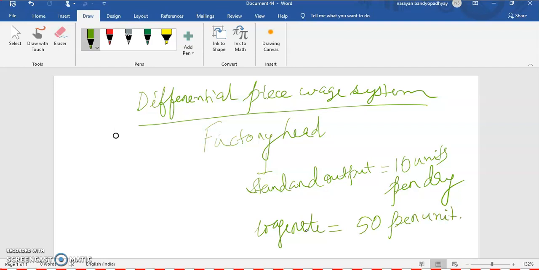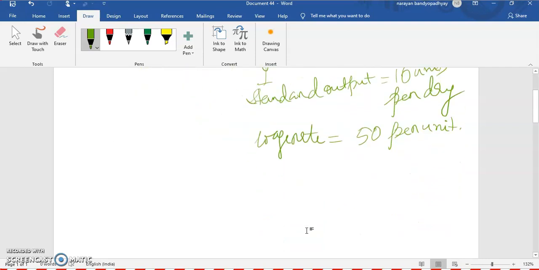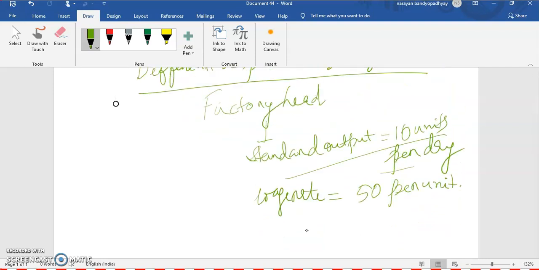If the standard is met, a person will get 50 per unit, and if a person cannot meet the standard output, he will get 40 per unit.